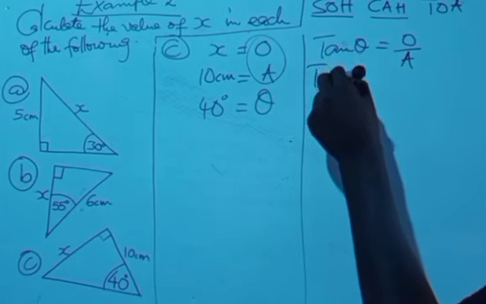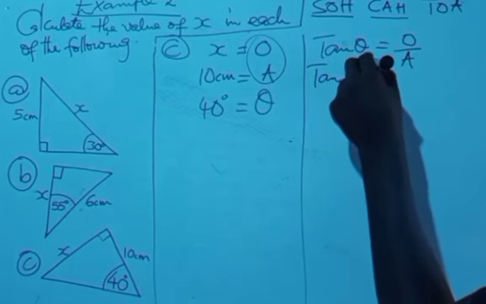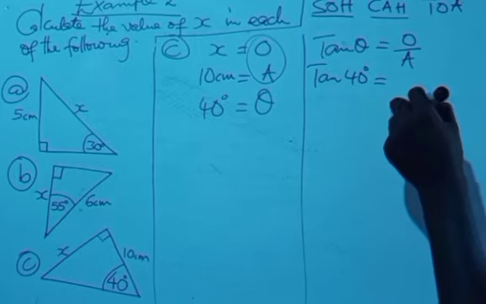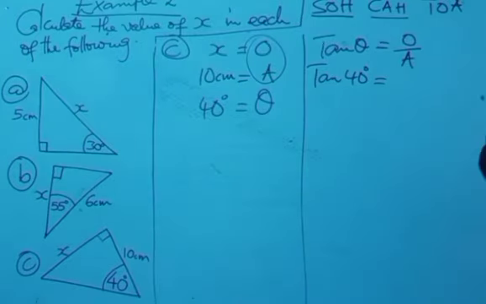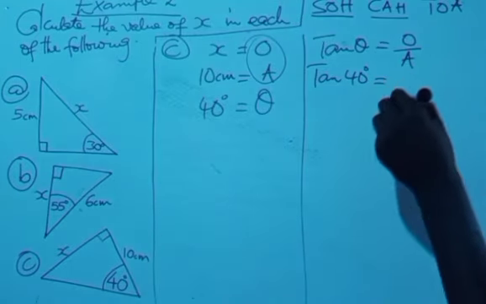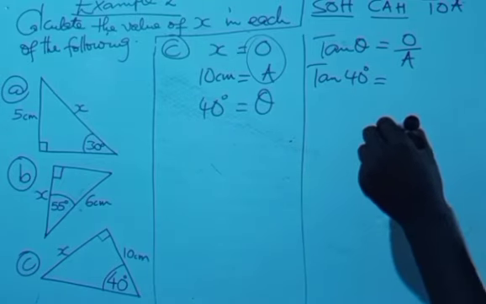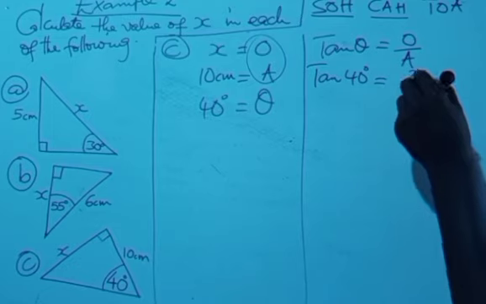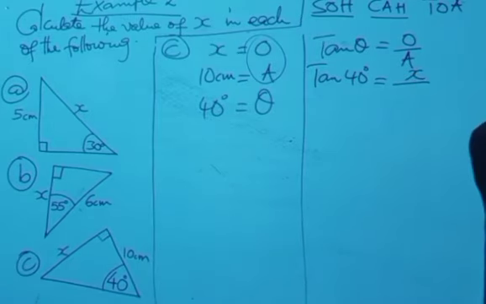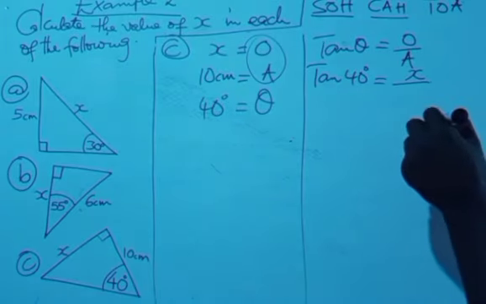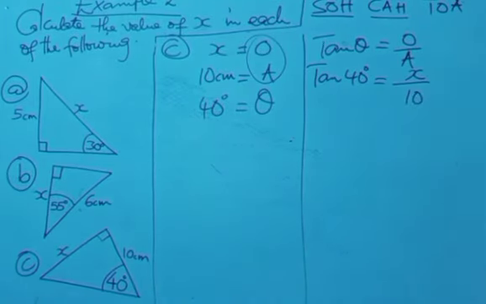Theta, we are going to replace with 40 degrees. What is our O? Our O is x, which is the opposite, and the adjacent is 10.